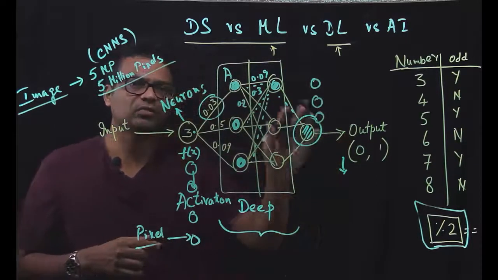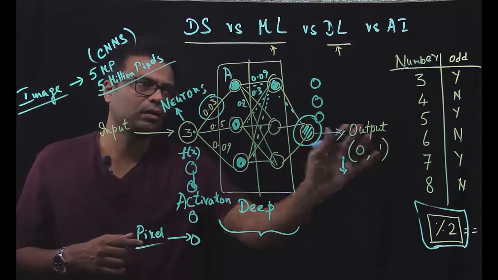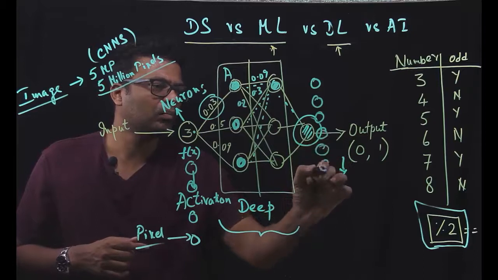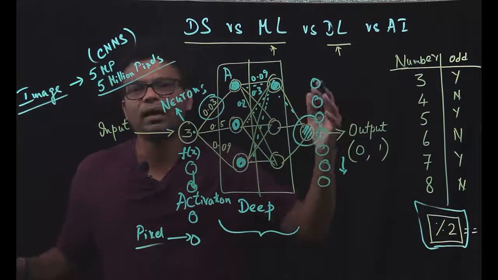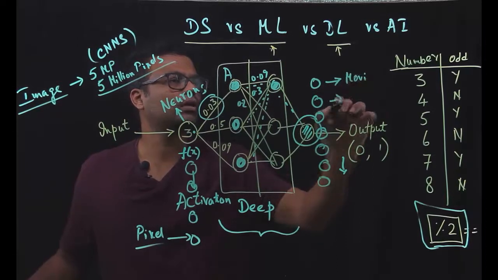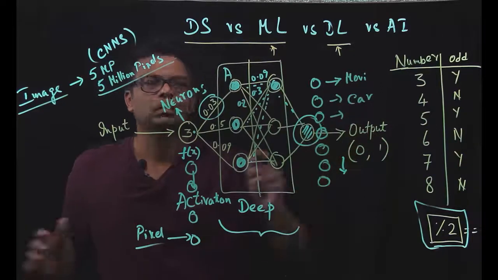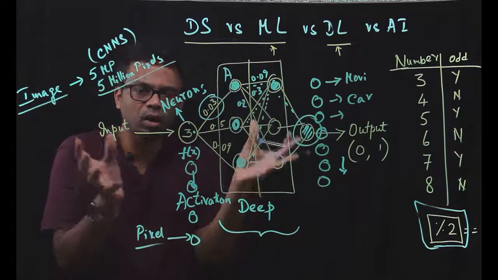The example I explained previously is just with one output, whether it's odd or even. In this case, we are talking about multiple outputs, which classify at a high level whether it's a moving object, whether it's a car, different examples. The examples would depend on what they want to see, really.